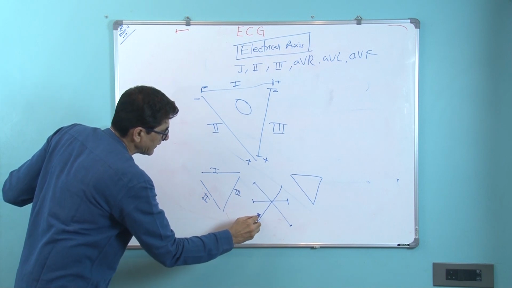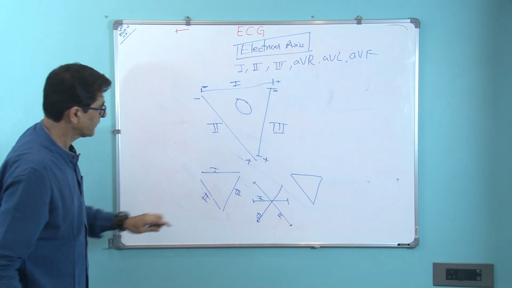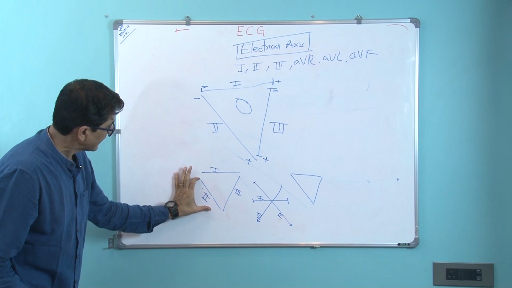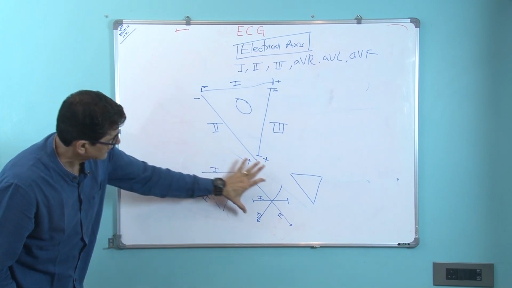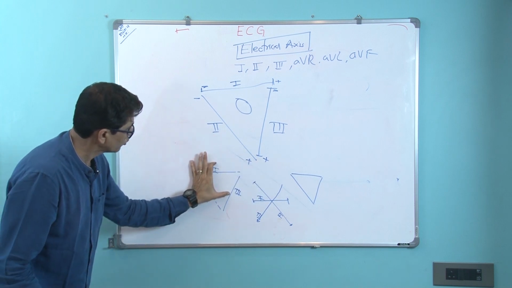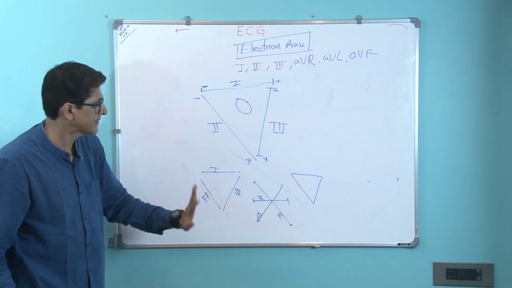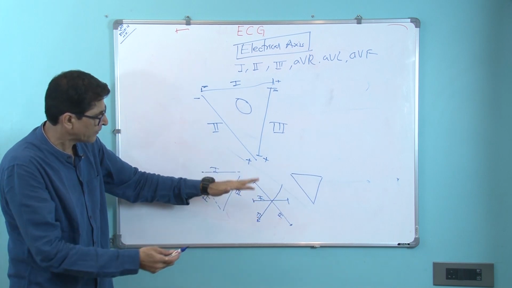So this is lead 3, this is lead 2, and this is lead 1. Lead 1, lead 2, lead 3, I have put it like this, this is 3, this is 2, understood? At 60 degrees.